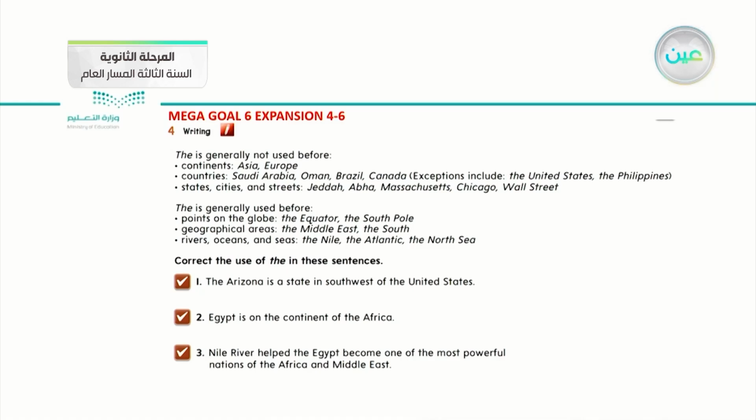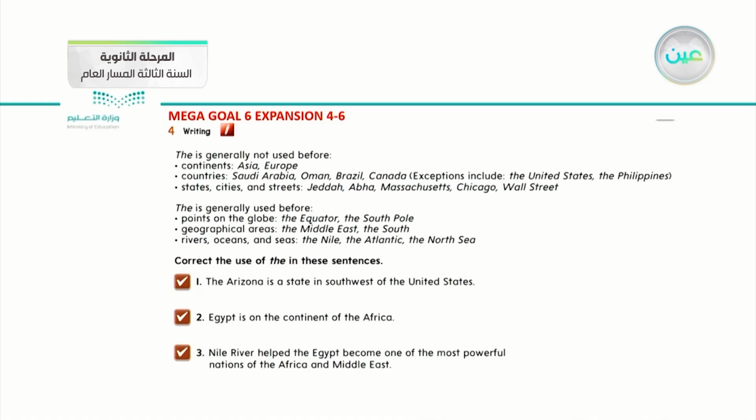That is generally used before. Now we finished that one, how we omit "the" in our essay writing. Let's go to the second point: in which cases can I use the article "the"? There are points on the globe, for example when we talk about the equator, the South Pole, and directions. We can use the article "the" with them.